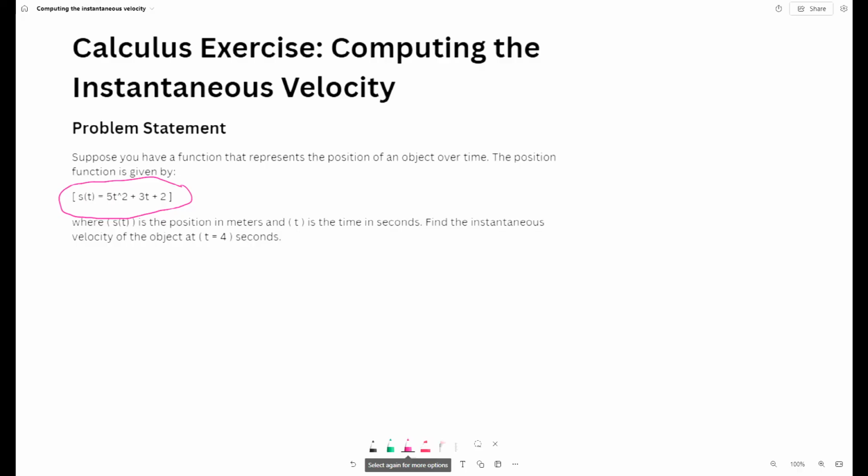So from physics we know that the instantaneous velocity is v of t is equal to ds dt, which is equal to the derivative of the position.